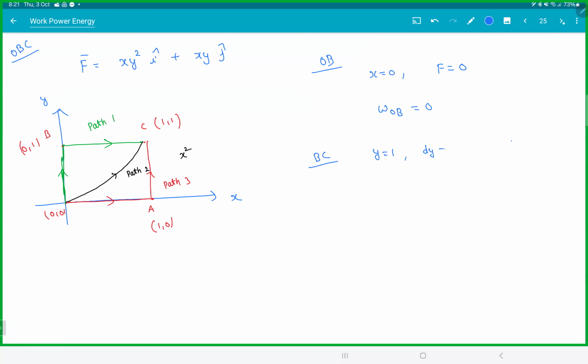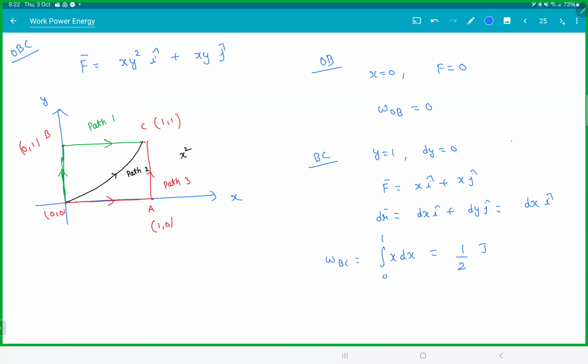So dy is 0. Force would be x i cap plus x j cap. And dr bar would be dx i cap plus dy j cap, but dy is 0. So only the dx component would matter. So work done from B to C would be integral x dx. Limits will go from 0 to 1. This is also coming out to be half.